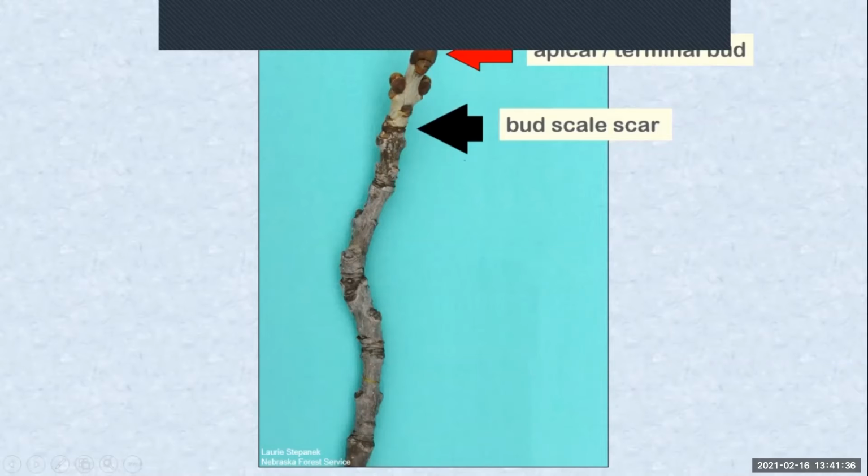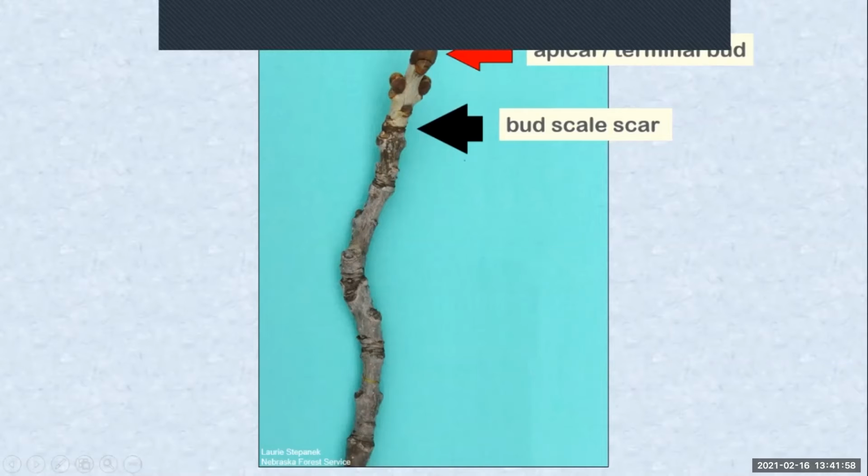So you can actually look at a twig and look for the bud scale scars and get some idea about the growth that has occurred year after year after year on the twig. So looking at this twig, you can actually determine how many years of growth is on a twig.